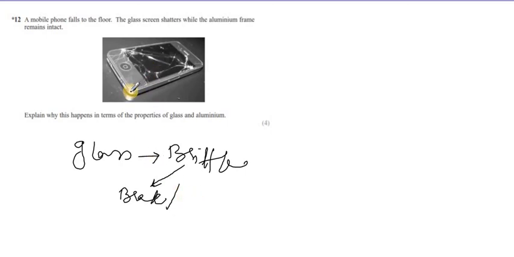While aluminum, you can say aluminum is strong, or aluminum is elastic, will not break, or aluminum will return to its original position after impact. Or you can also include aluminum is a tough material, so it absorbs a lot of energy during impact. So these kinds of things you can write here. So it's not a difficult question. So that's how you write.